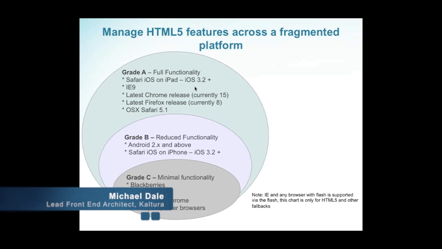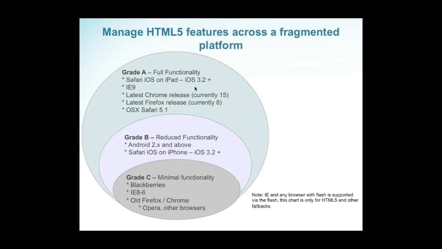And then we have the low-grade browsers that we just focus on delivering video to. For Blackberries, for example, that don't have HTML5 and don't have Flash, we just give them a link to the video file through a special RTSP delivery mechanism, and they can play the video file.